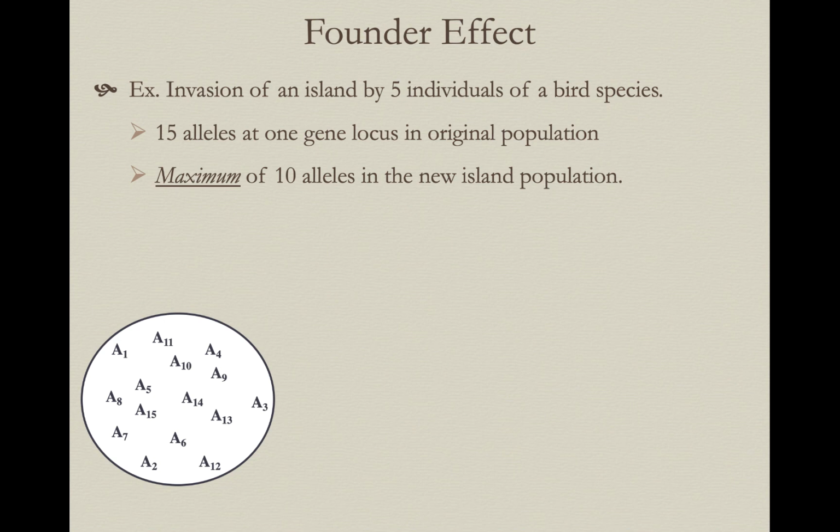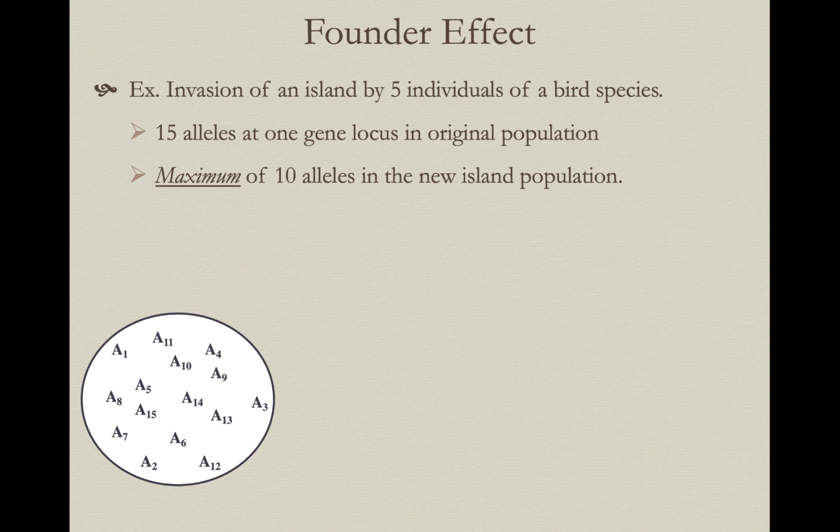Here's a numeric example of this. Let's say that the original continental population had 15 alleles represented at this one gene locus. So very highly polymorphic, kind of an extreme example, but let's just say that's the case. There were 15 alleles. Now obviously each individual only has 2 alleles, right, in a diploid organism.